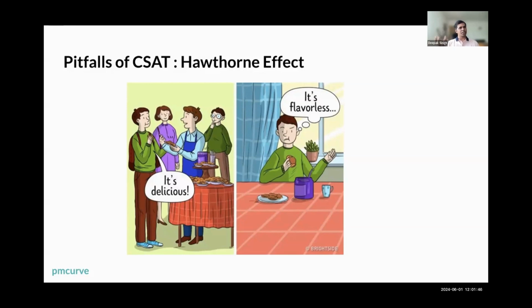You go to a party, you're eating something that the host has made, and you tend to say that it's amazing. But when you're given the same food when you're alone, you'll just throw it in the dustbin, right? So we tend to behave differently when people are seeing us as compared to when they are not.